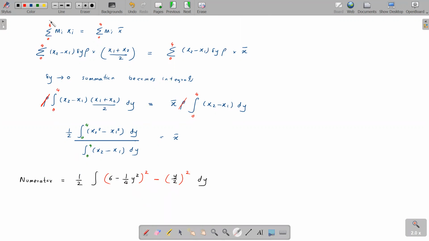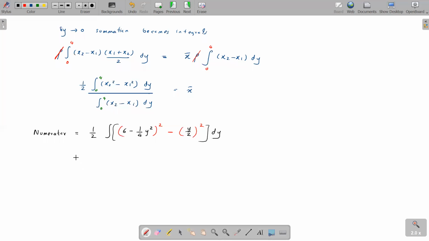All right, so you'll have to first expand the brackets and do a little bit of simplification before you go for the actual integration. So half integral sign is still there because we are not performing the integration yet. So expand the bracket here. This is 36. This is minus twice of 6 into 1 over 4 y square, right? That's how it goes.